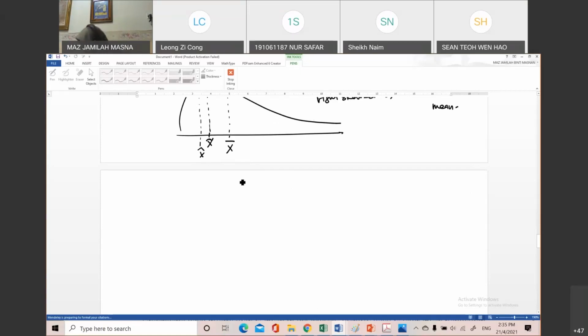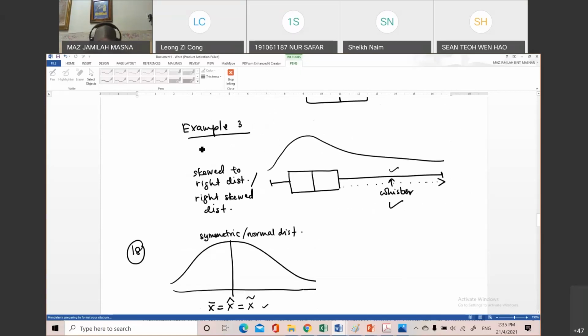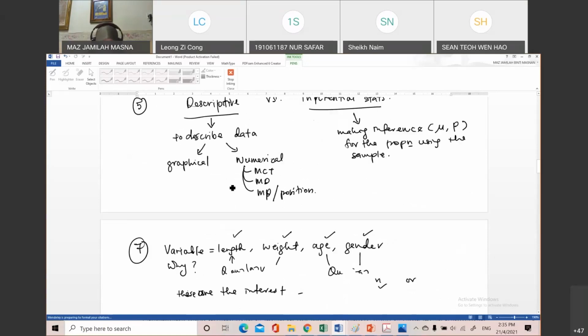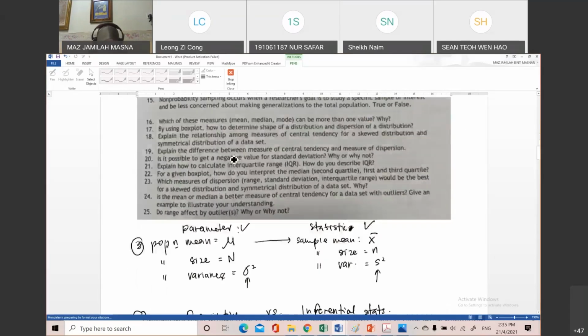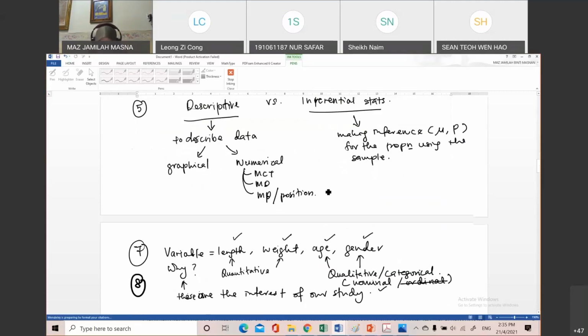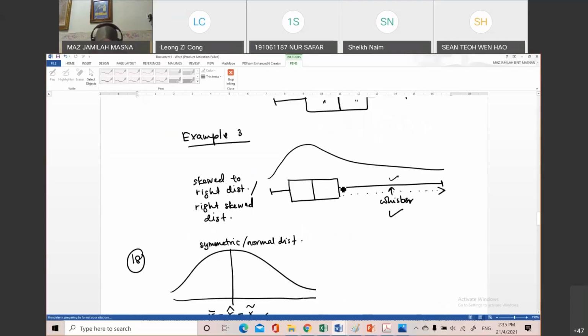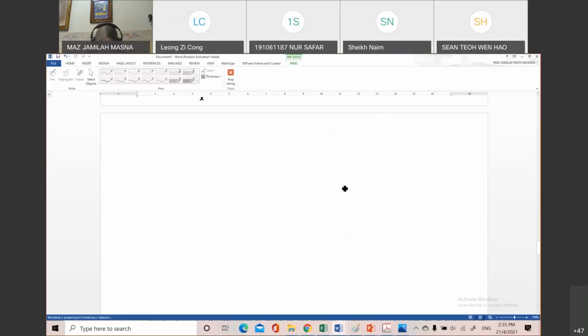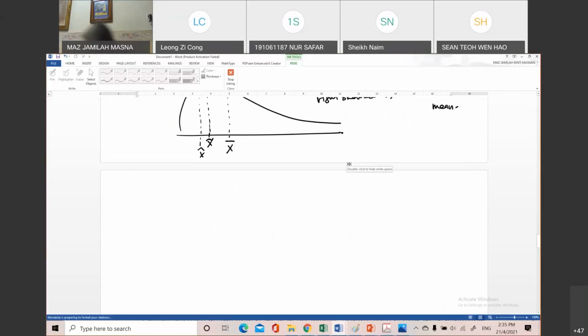Now the next question, number 19. Explain the difference between measure of central tendency and measure of dispersion.